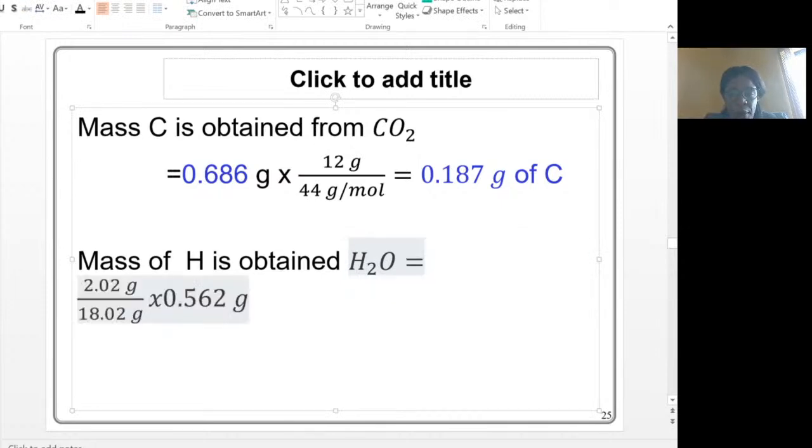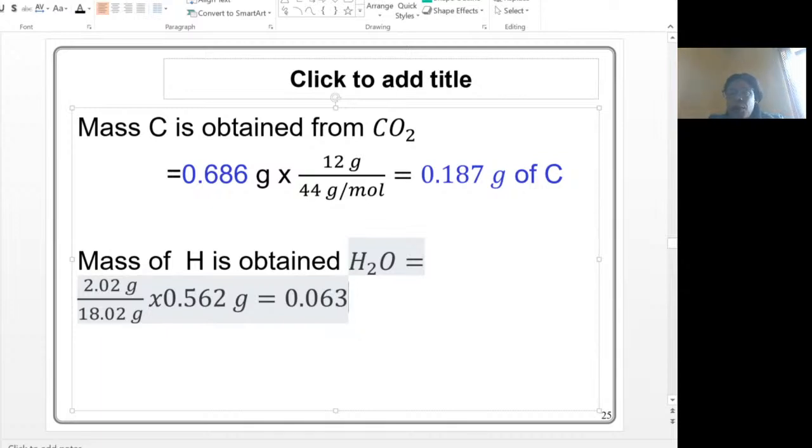So we can do that calculation for those who have calculators. It will be 2.02 divided by 18.02, then times 0.562, and you get 0.0629, which when you round it off, you get 0.063.